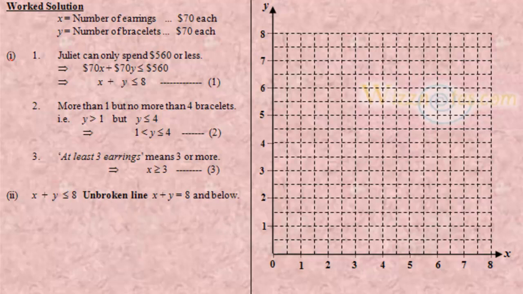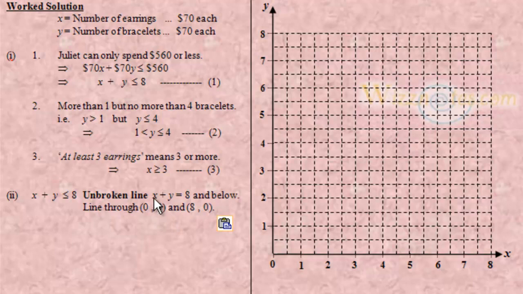Now this line x plus y equals 8 is the line that will pass through 0, 8 and 8, 0. It will cut the y-axis at 8, and it will cut the x-axis at 8.